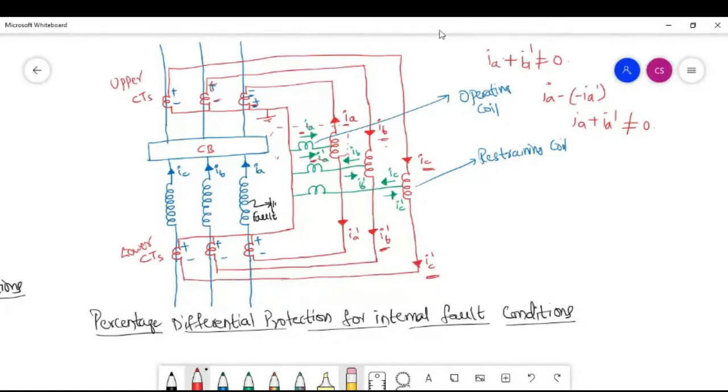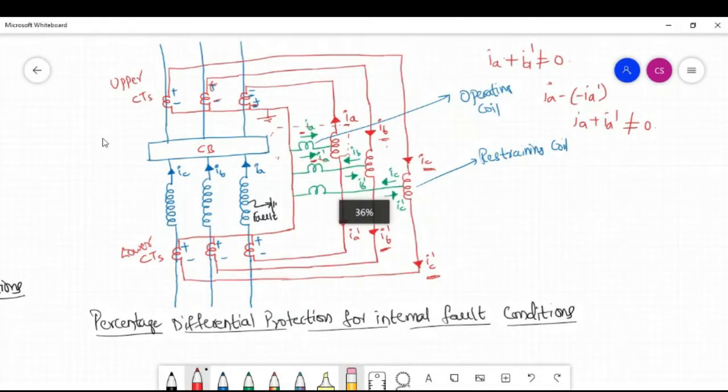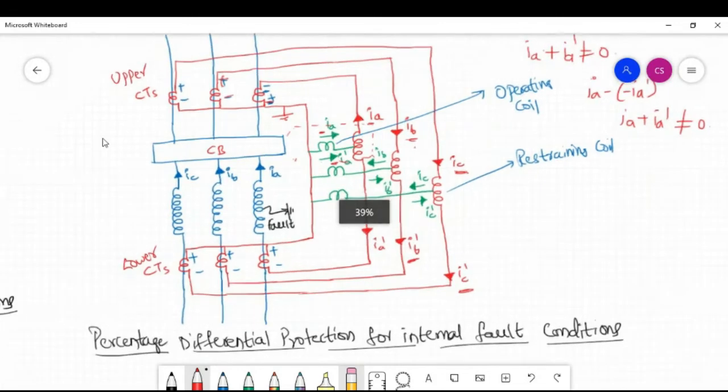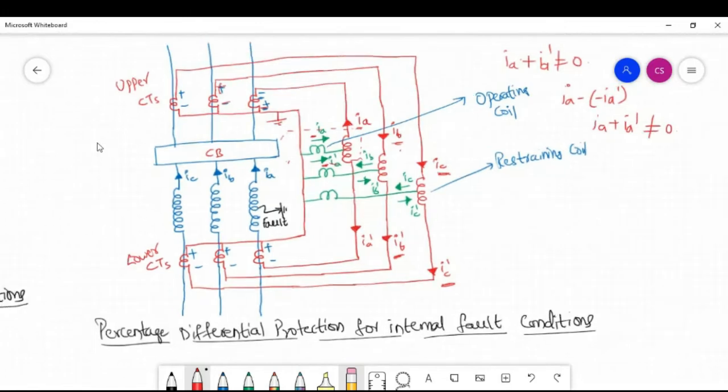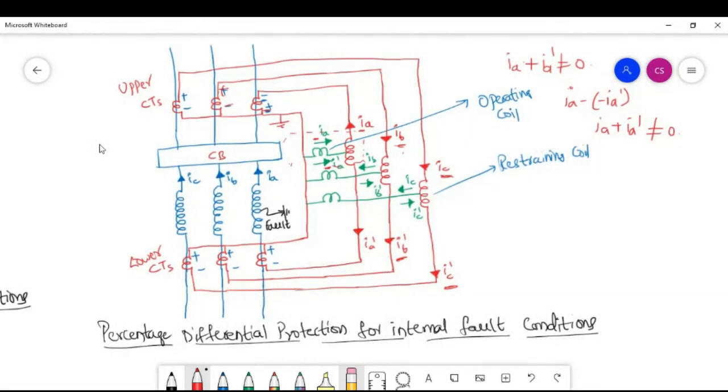On this diagram, we need to draw the diagram for external fault conditions and also for internal fault conditions. This is differential protection for internal fault conditions.